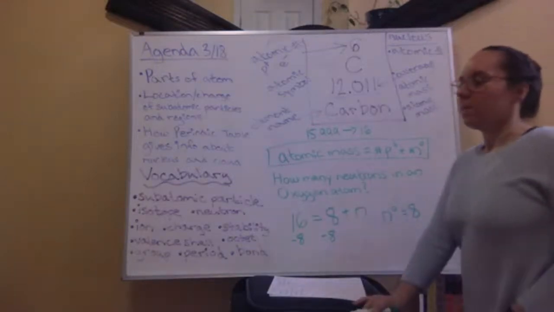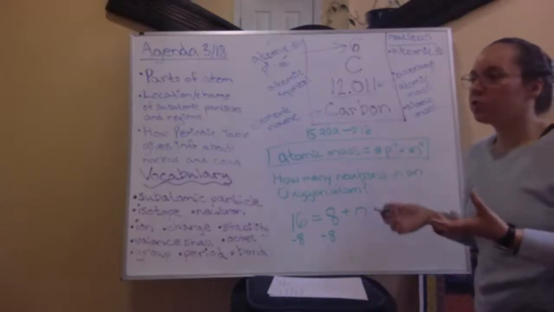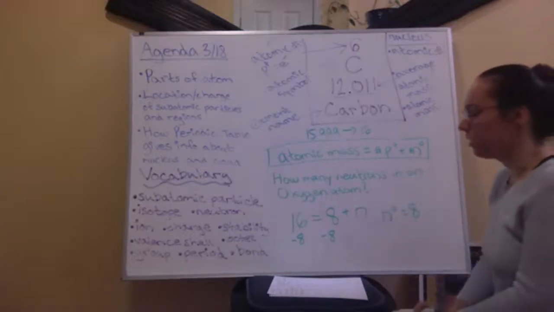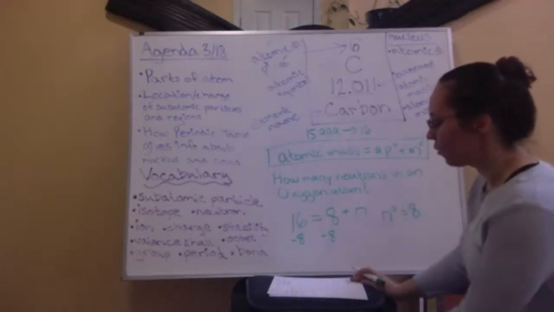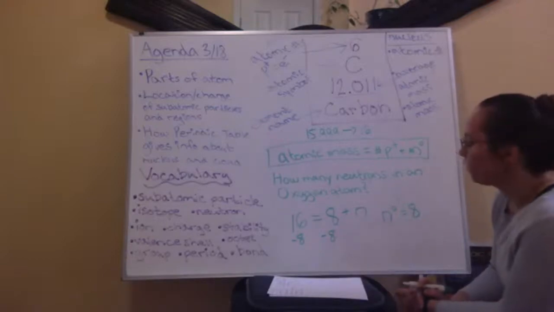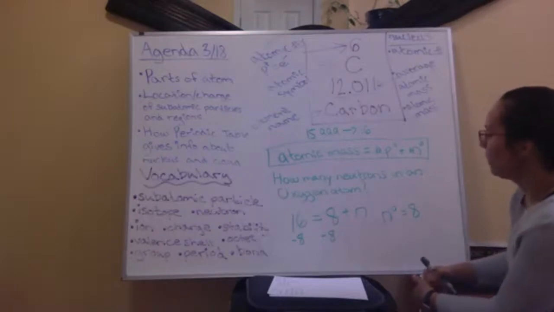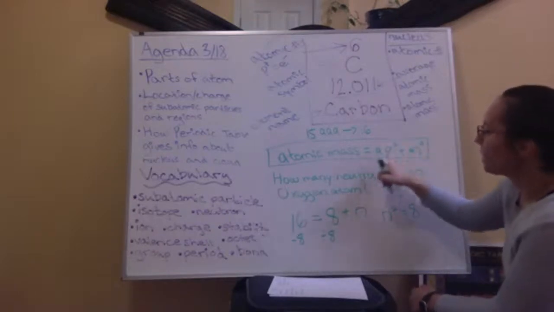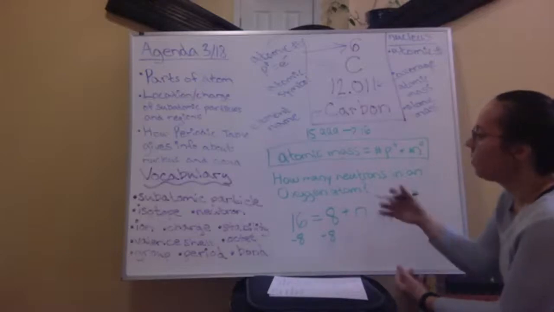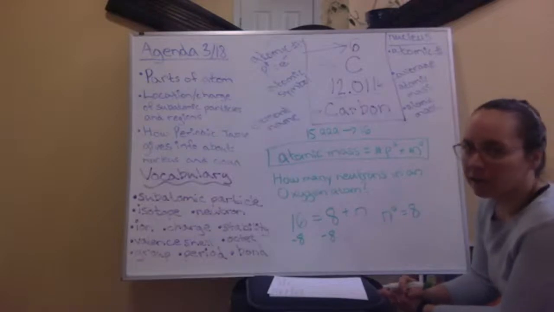You may see pictures, and then it'll be like pointing to the neutrons. You may have to count the neutrons or protons in the picture. But like I said, you always have access to your periodic table, and pretty much all the questions work like this. Okay, so if the question is asking you for how many protons, like they give you the mass, they give you the neutrons, you do not have to calculate the number of protons.